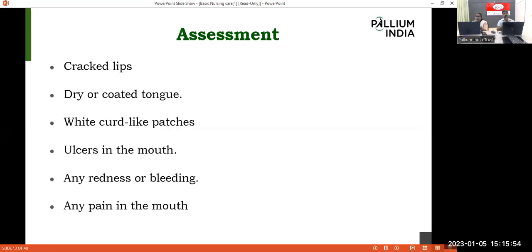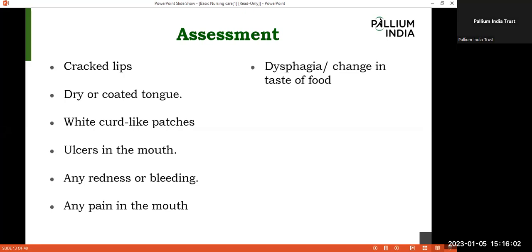Then if the patient is reporting any pain in the mouth, we need to address it. Then we need to find out the reason and we can manage. Then any dysphagia or change in taste of food. The patient is saying painful swallowing, or the patient is feeling the taste has just changed. Like that, anything the patient is saying or not.